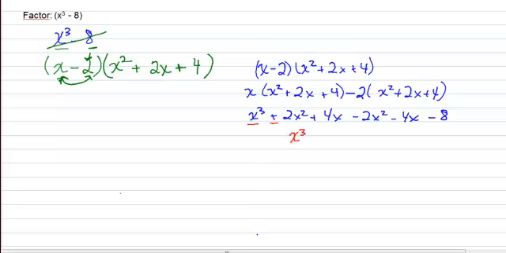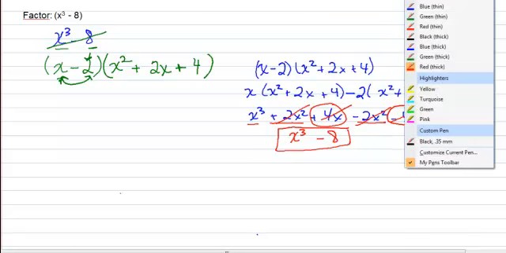Now we've got a 2x squared and a negative 2x squared. Well, the positive and the negative make that 0, so that term is gone. Now we've got a positive 4x and a negative 4x. So again, the positive and the negative, we add them together. That's gone, and we're left with the negative 8, and we are back to our perfect cube.